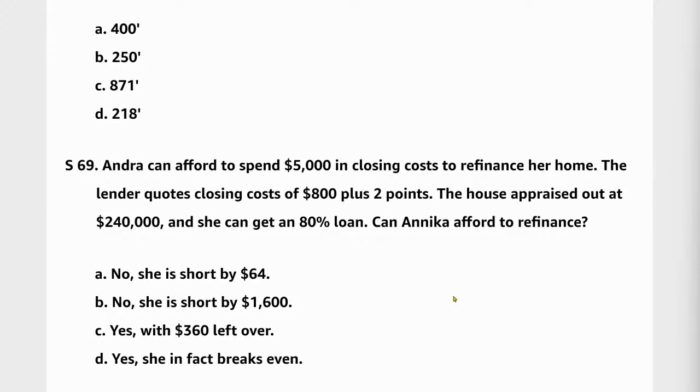Okay, so let's look at the question. She has $5,000 for closing costs. The lender is charging 2 points, and the 2 points is from what? The loan amount, not the purchase price, not the appraised price. The appraised value is 240, and she's borrowing 80%. So first, what is 80% of 240?